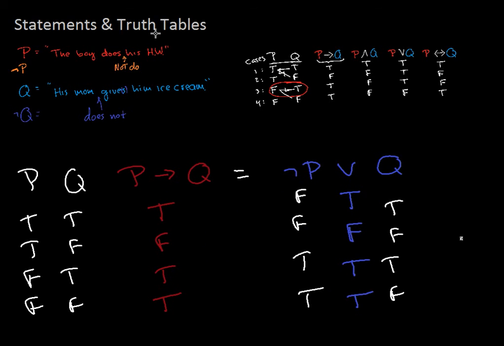So what does it mean that if the boy does his homework, then his mom gives him ice cream? To say that is to say the boy does not do his homework, or mom gives him ice cream. Because really, there's only two ways this statement can go if mom's being honest here. Either he does his homework and he gets the ice cream, or he doesn't do his homework and he doesn't get the ice cream.